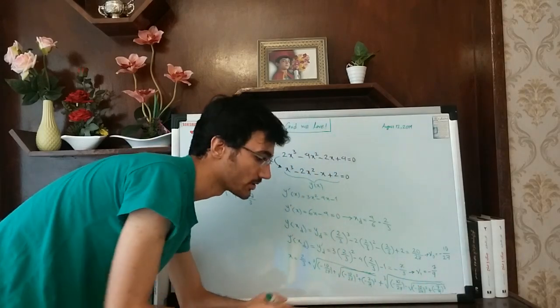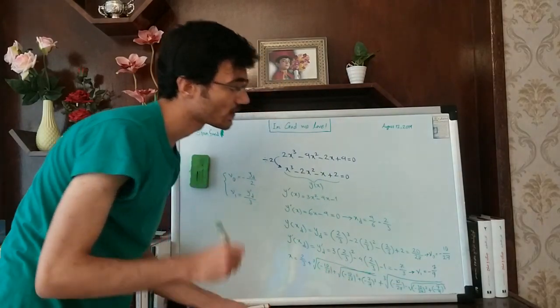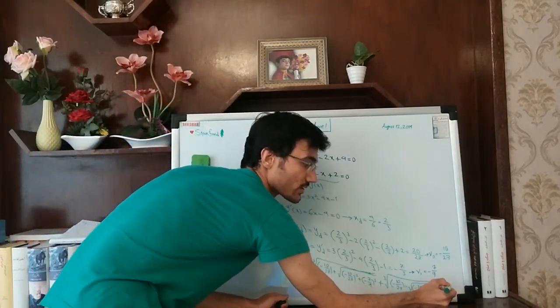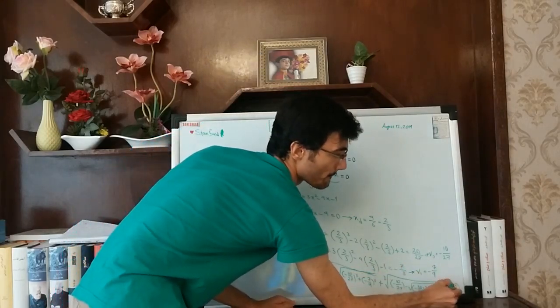By using a calculator or Taylor series of these expressions, we can see that this becomes 2.